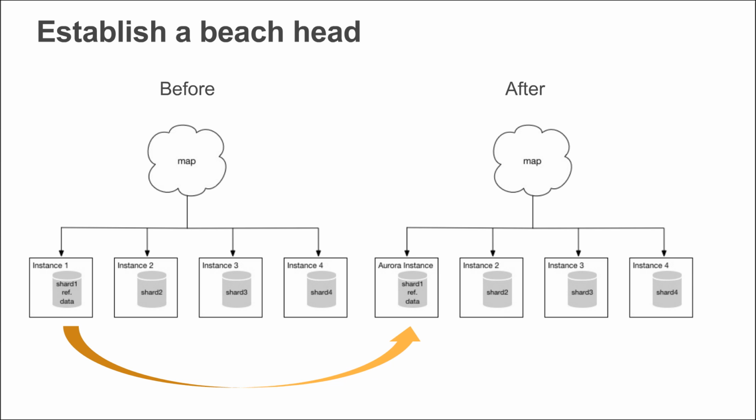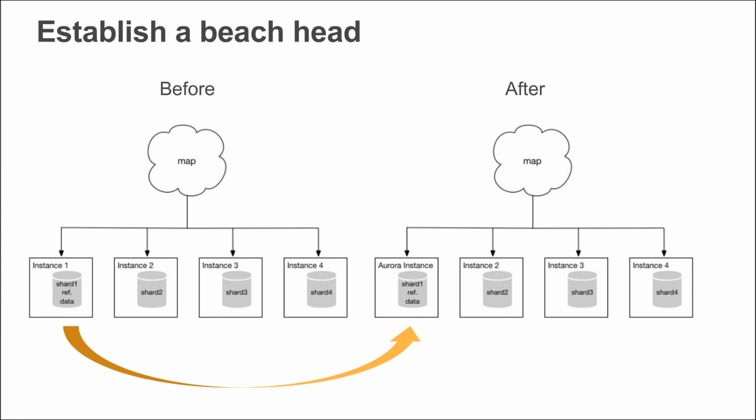Once you've moved it across, you make sure you update your mapping function. Again, this is that map that you see in the cloud at the top, to point to your Aurora instance instead of instance 1. So when you started, it looked like the diagram you see on the left. You had everything running in MySQL shards. You've done your backup, for argument's sake, into your new Aurora instance on the right.